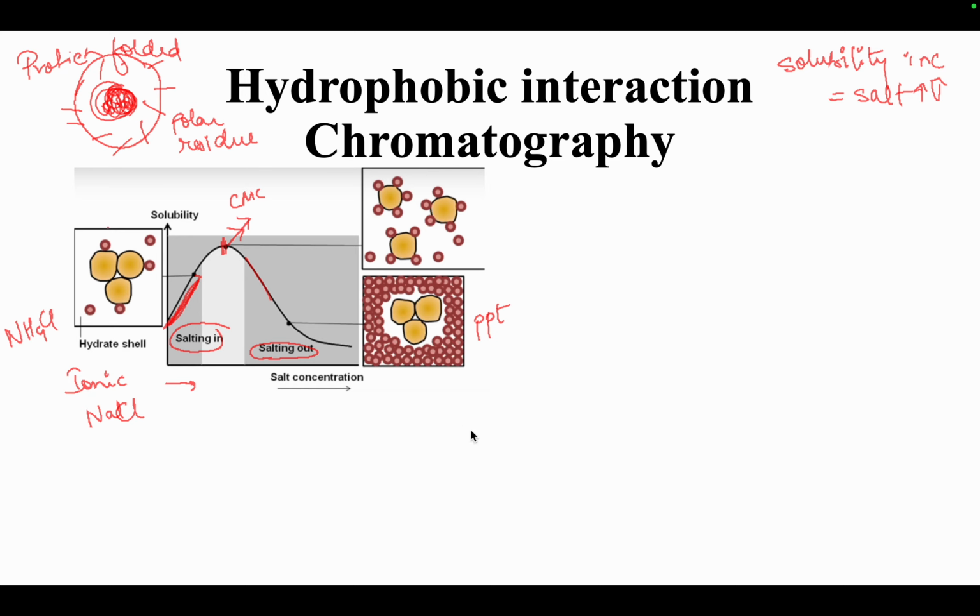And after the protein gets precipitated out, it will expose the hydrophobic residues. So once the hydrophobic residues are exposed, we can do hydrophobic interaction chromatography.